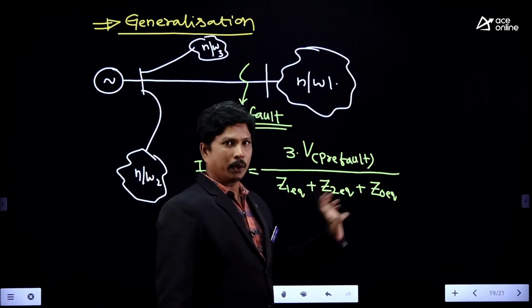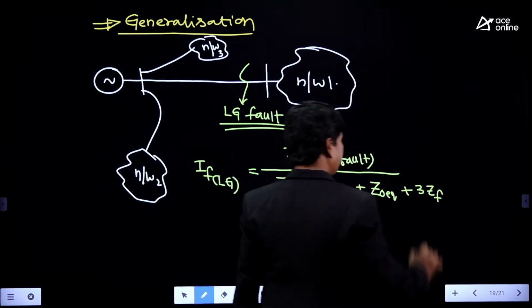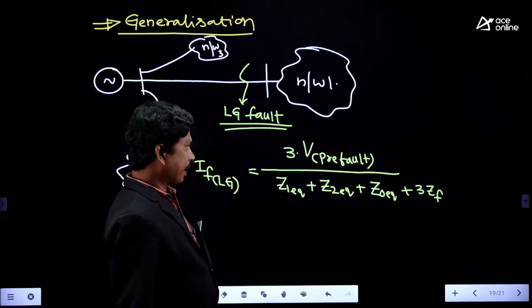In this we have to add the neutral impedance also, plus if you are having any fault impedance, 3ZF, you have to add. Clear?